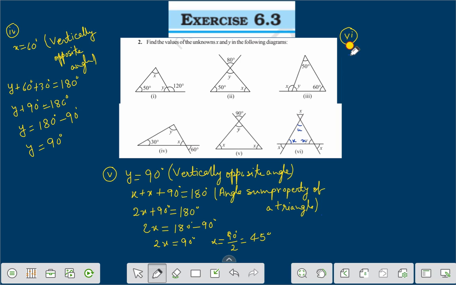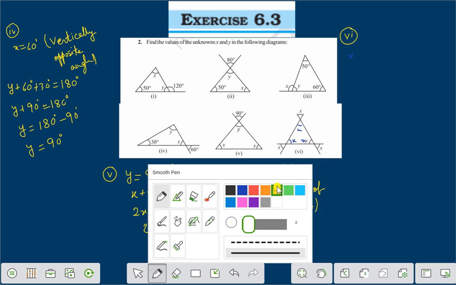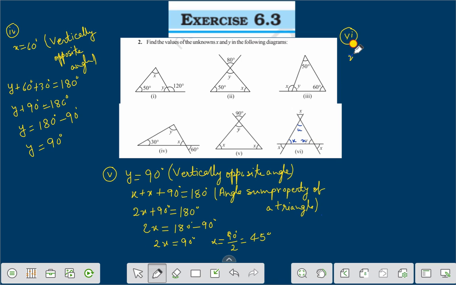Therefore, according to the angle sum property of a triangle, x plus x plus x is equal to 180 degrees. X plus x plus x is 3x, equal to 180 degrees.